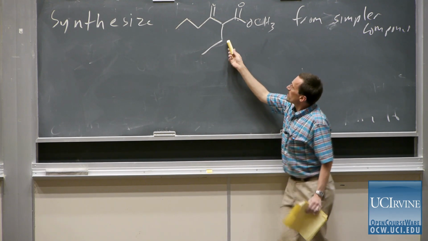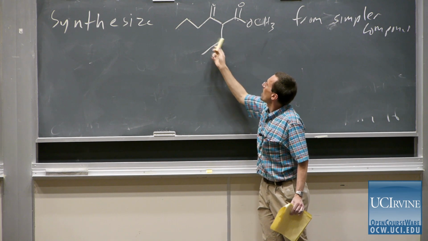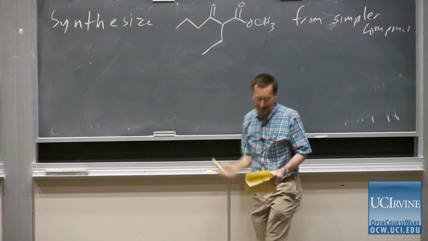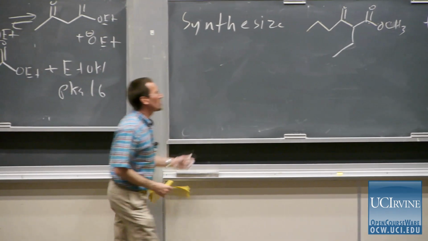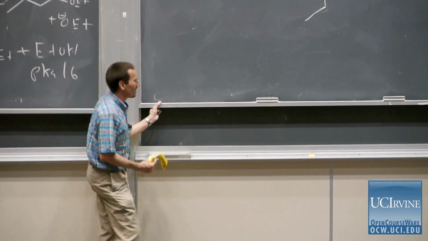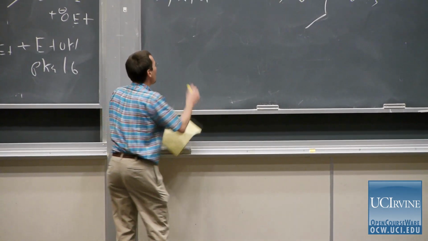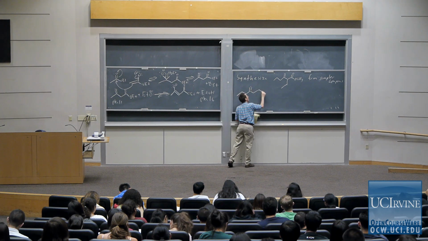So it's 2-ethyl, 3-oxo, 2-ethyl, 3-oxohexanoate. All right, so synthesize 2-ethyl, 3-oxohexanoate from simpler compounds.